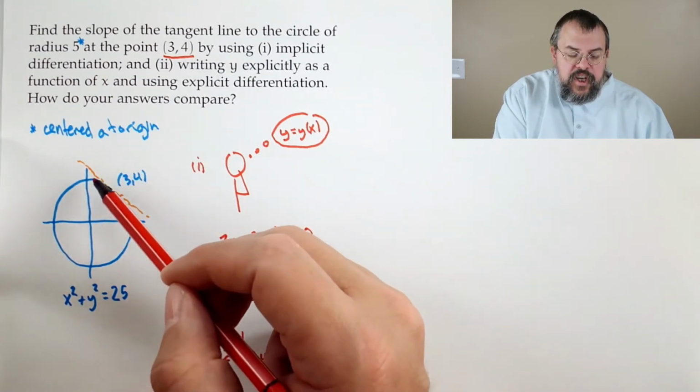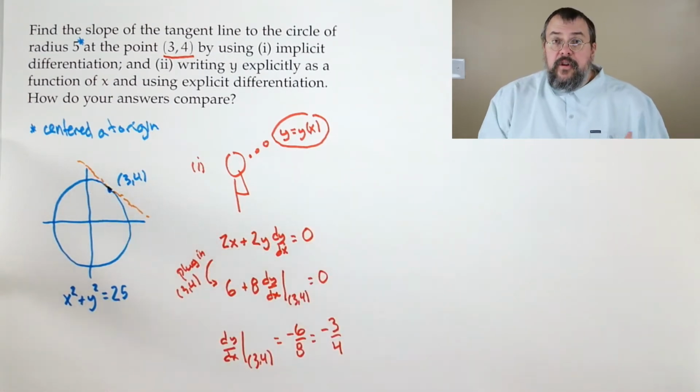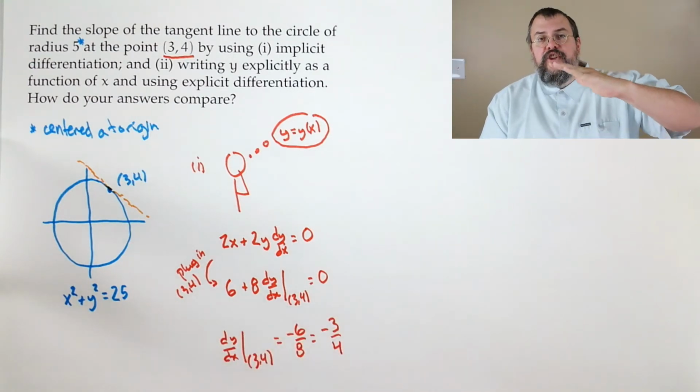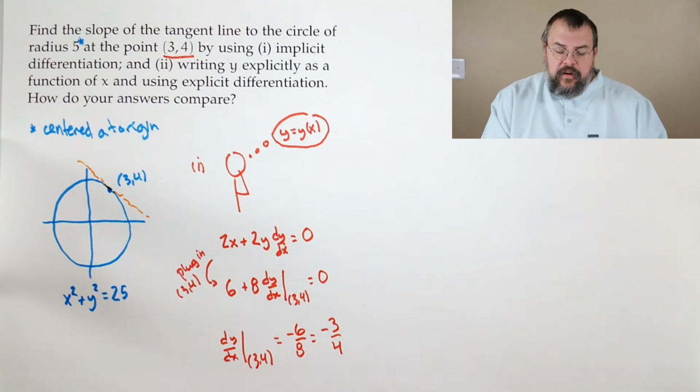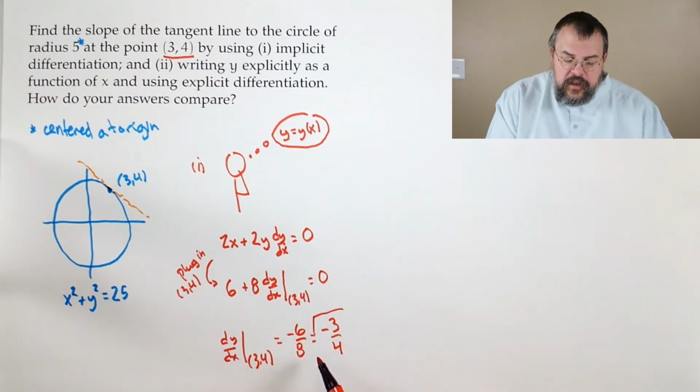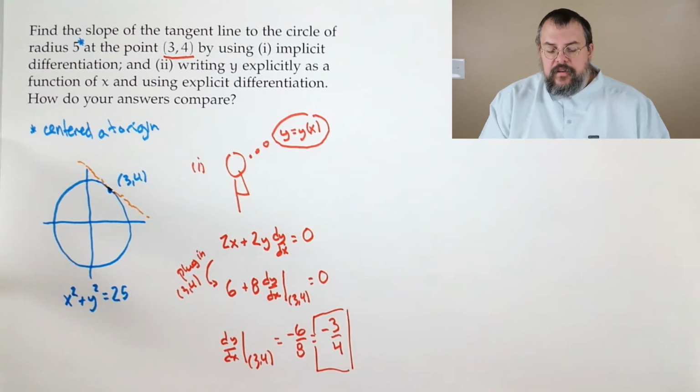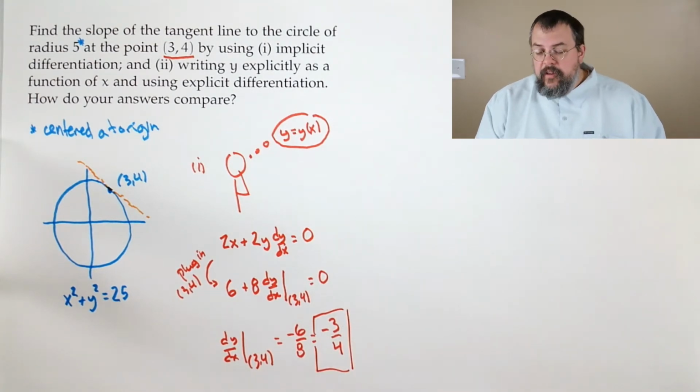I would expect something shallower if I were near the top. And I am closer to the top than I am to the side. And so it should be more of a shallower slope. So negative 3/4, that seems like a good, reasonable answer. And so that's the slope of our tangent line. And remember, we were just after our slope for now. So that's good. So that's method 1.